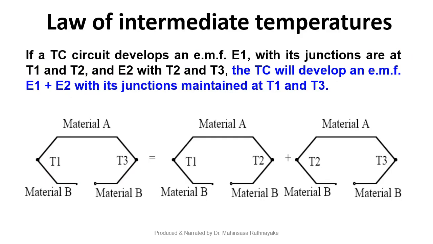Then the fourth law of thermocouples is the law of intermediate temperatures. That means if a thermocouple circuit develops an electromotive force E1 with its junctions at T1 and T2 temperatures, and another electromotive force E2 with T2 and T3 temperatures at the junction, then the thermocouple will develop an electromotive force equivalent to E1 plus E2 with its junctions maintained at T1 and T3.